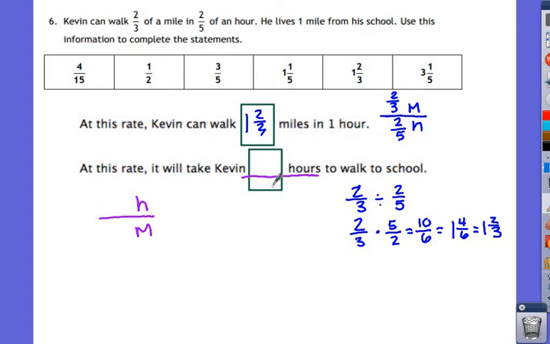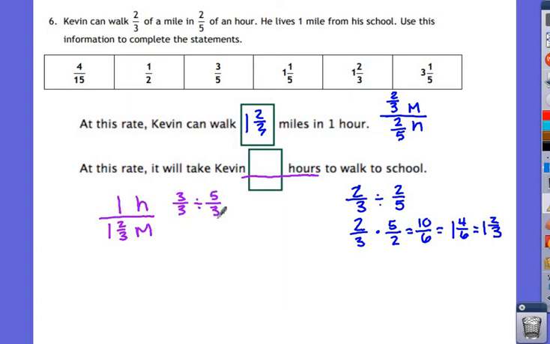Well, using that information that I found on the last one, it took me 1 hour to walk this 1 2/3 mile. Now I can set this up into a division problem, and again I'm going to change this 1 to 3/3 divided by, I'm going to change this to improper, that becomes 5/3.